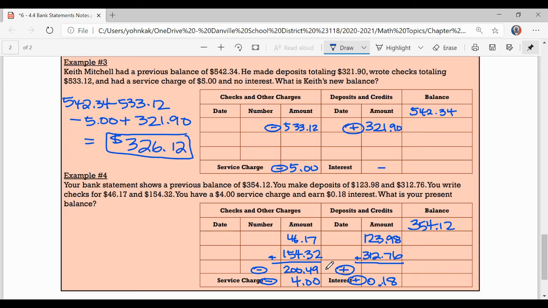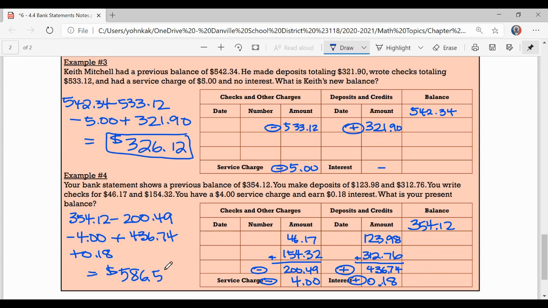If I add my deposits together, I get $436.74. So I can take my previous balance, $354.12. I can subtract off my checks, $200.49. I can subtract off my service fee. I can add my deposit, $436.74, and then add my interest, and that's going to give me a grand total of $586.55.